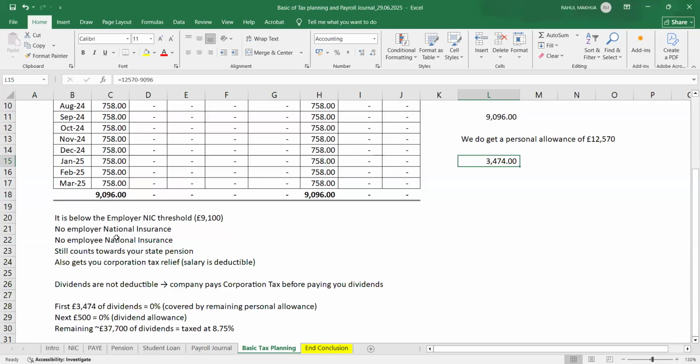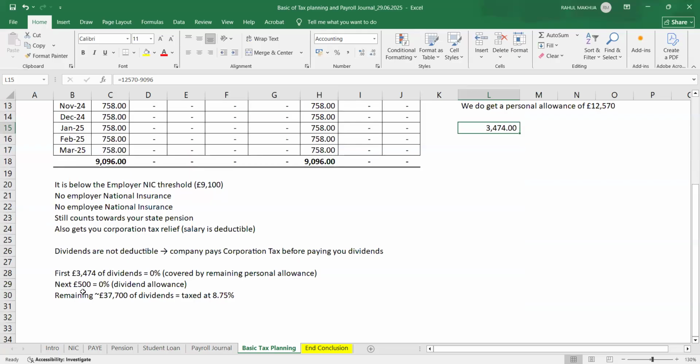So the first 3,474 pounds of dividends will be 0% covered by the remaining personal allowance, and the next £500 you can get also as a dividend allowance, which is the dividend nil rate band if your income is in the basic rate band.